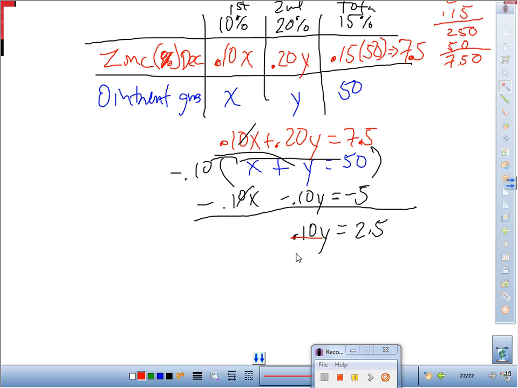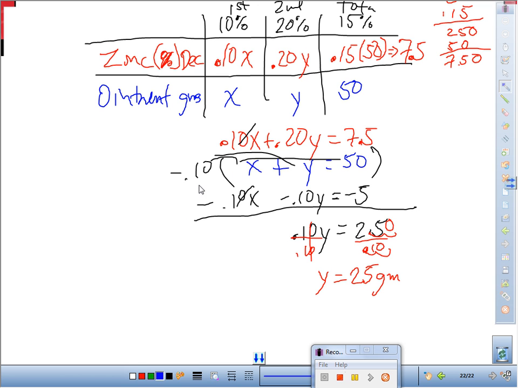Then at the end, I divide by 0.10, divide by 0.10. Y is equal to 2.5 divided by 0.10. We move the decimal over twice to get rid of it. 250 divided by 10, that's 25 grams. All right?